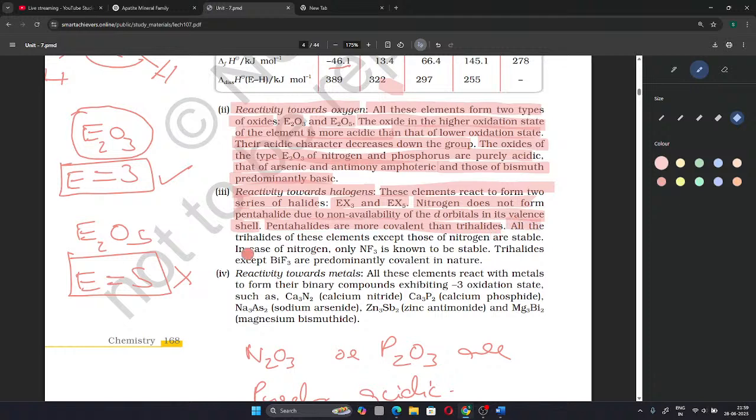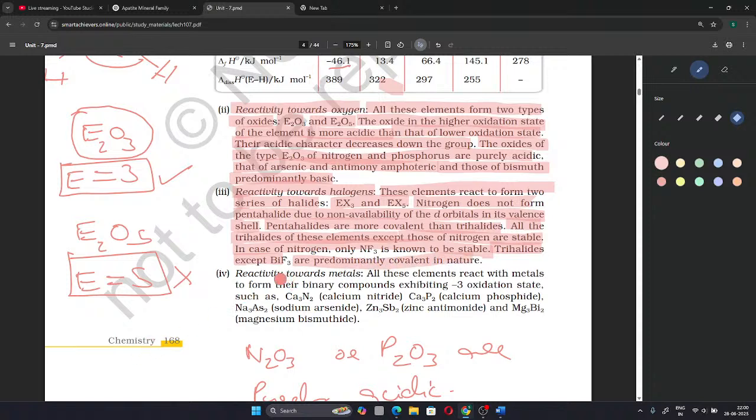All the trihalides of these elements except those of nitrogen are stable. In case of nitrogen, only NF3 is known to be stable. Trihalides except bismuth fluoride are predominantly covalent in nature.